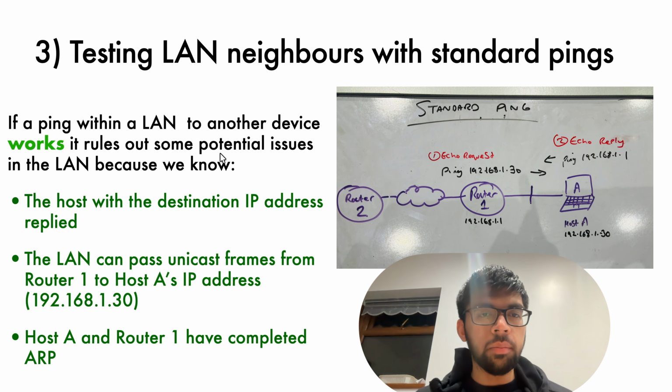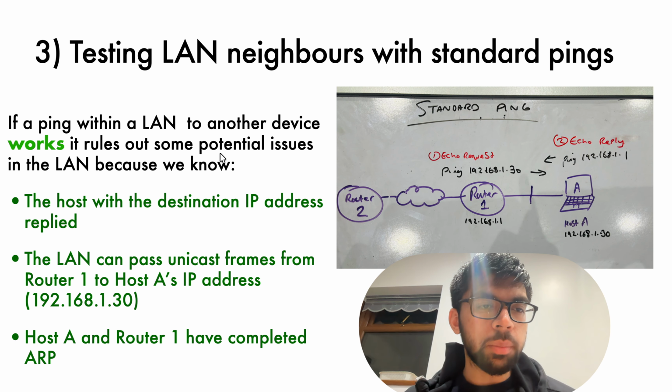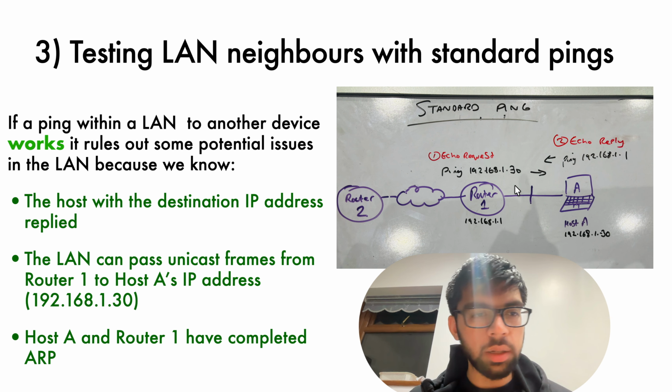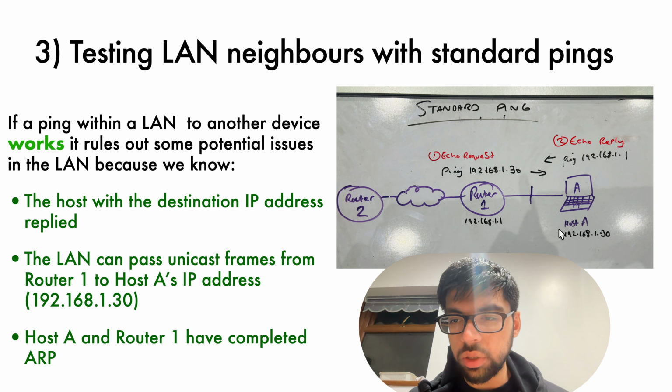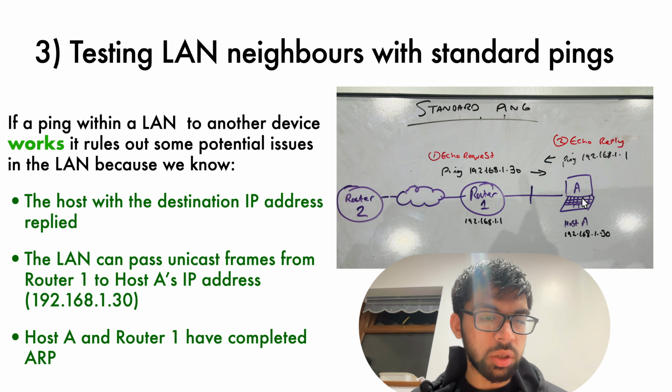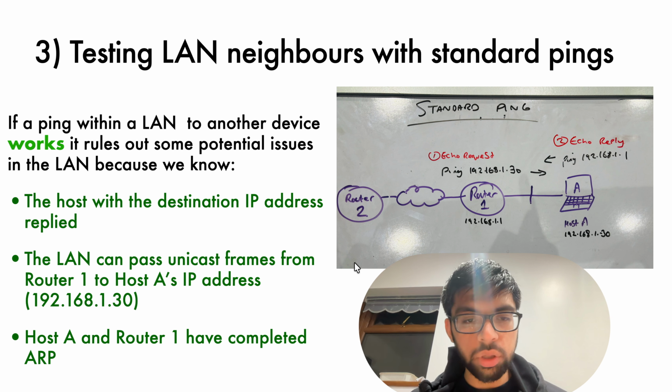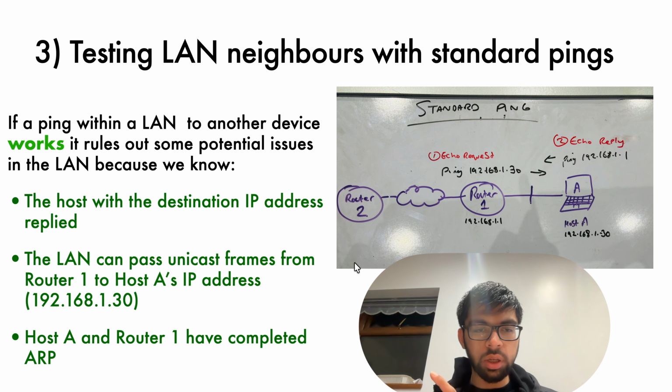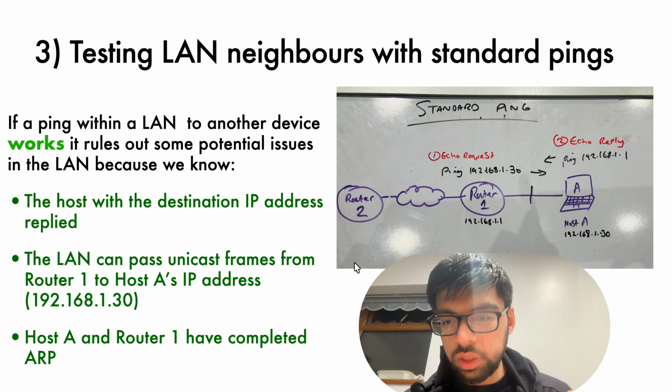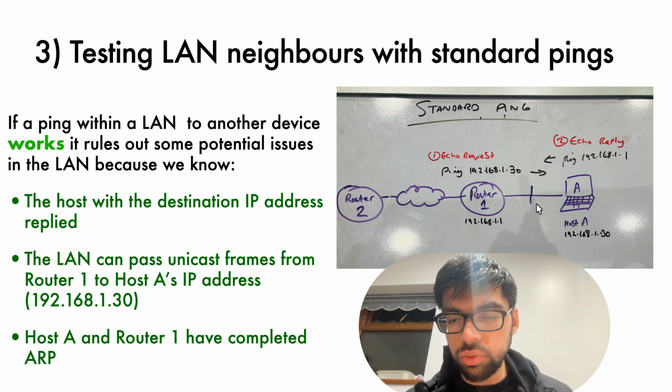But if the ping works, it rules out potential issues that could be happening in this LAN. For example, we know that the host with the destination IP address, i.e. host A, can reply. The LAN can pass unicast frames from router 1 to host A's IP address, and ARP was completed between these two as well.